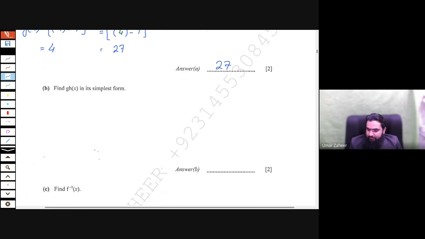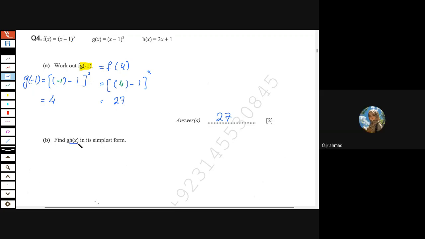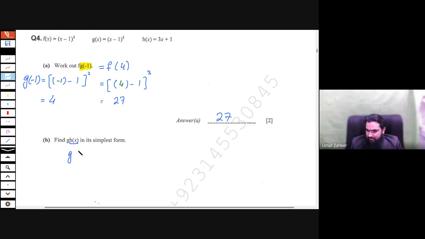Yes, Fajr. We have to find g of h of x. We have the value of h of x, that is 3x plus 1. G of h of x, that is 3x plus 1.